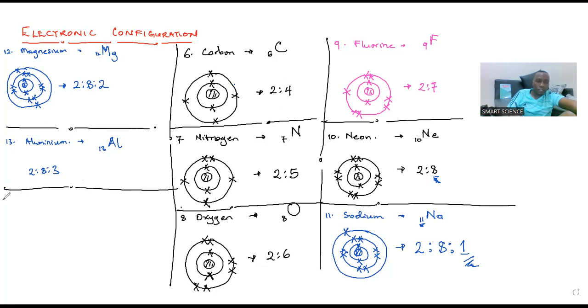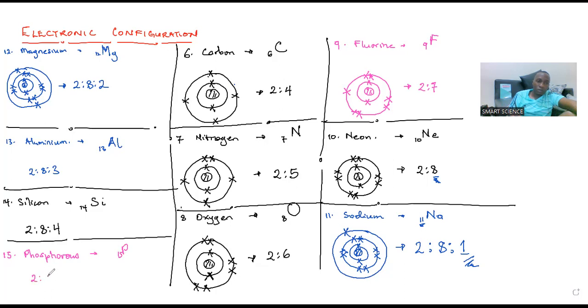Element number 14 is silicon, symbolized by capital S, small i. Atomic number is 14. Electron configuration is 2, 8, 4. Element number 15 is phosphorus, symbolized by capital P. Atomic number 15. Electron configuration becomes 2, 8, 5.